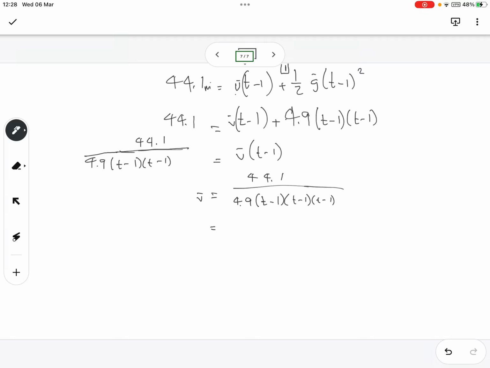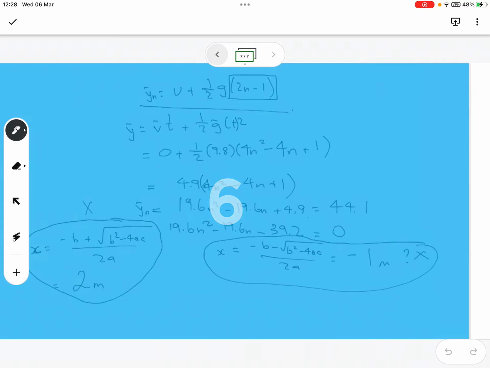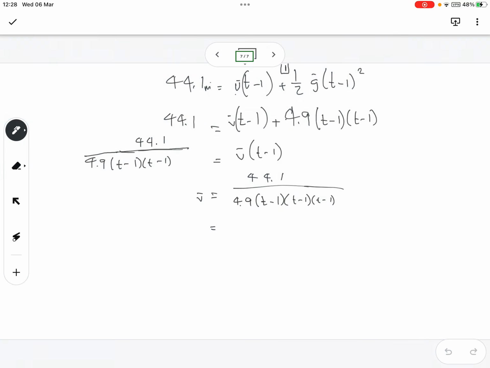I thought if we equate that distance traveled to the second equation, what are the other equations again? VF is supposed to be initial plus acceleration times time. Okay, we don't want that. The other one is VF plus VI.